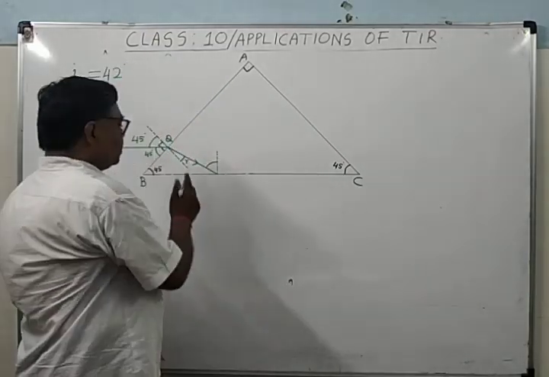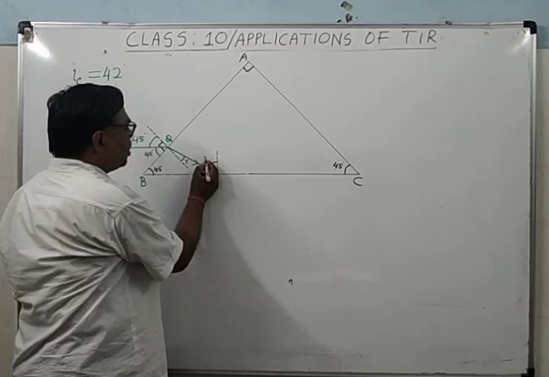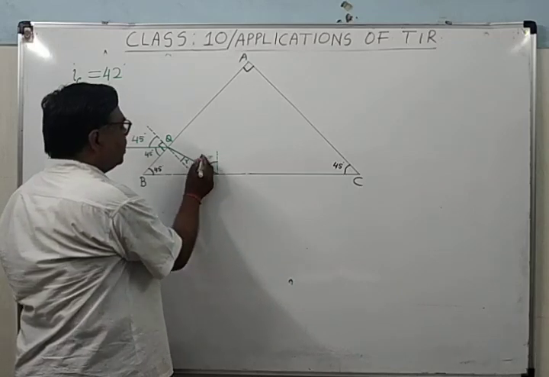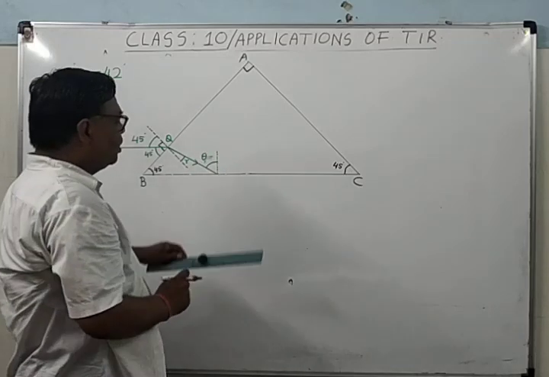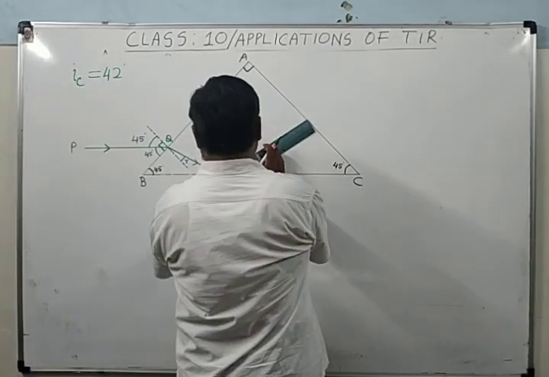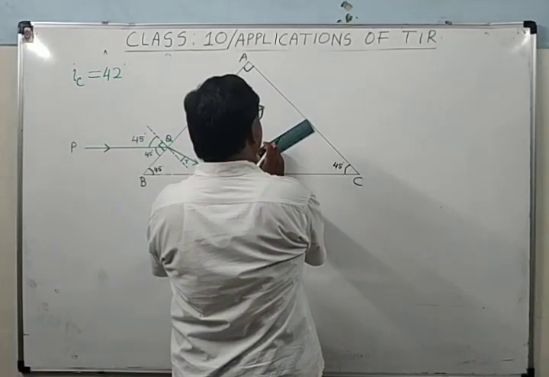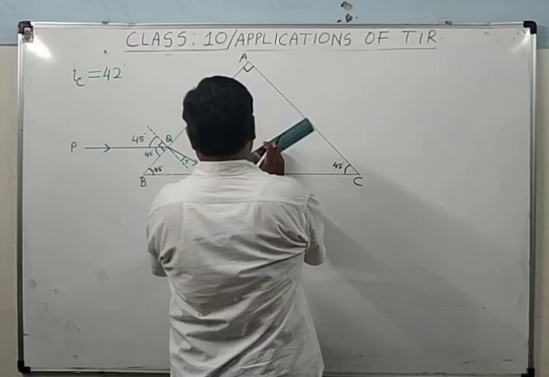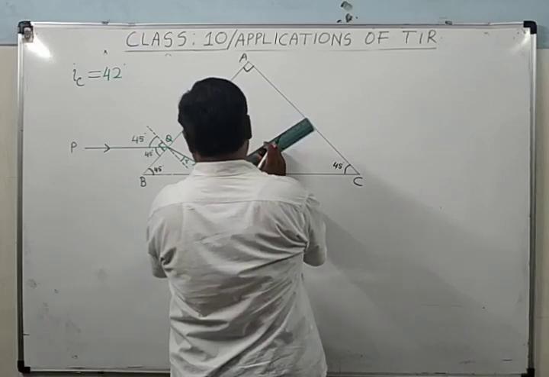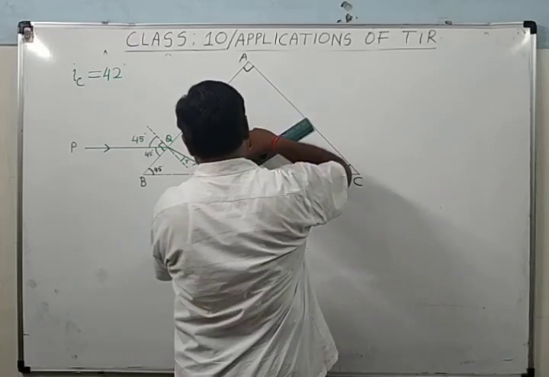And suppose this is theta, so what will happen? The reflected ray will go making theta angle from the normal, from this normal.